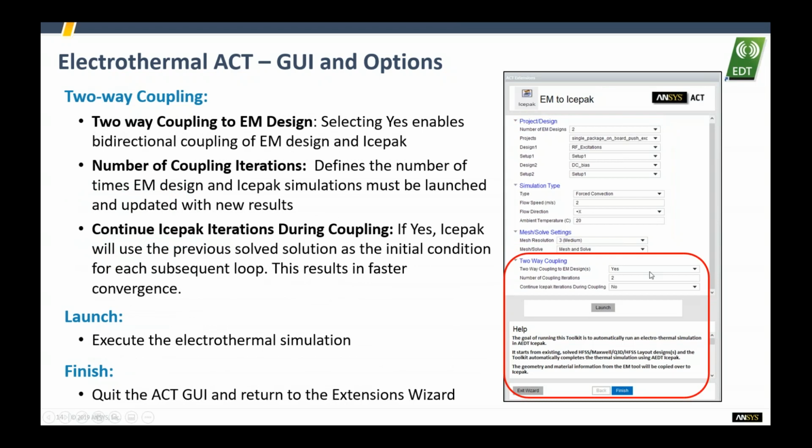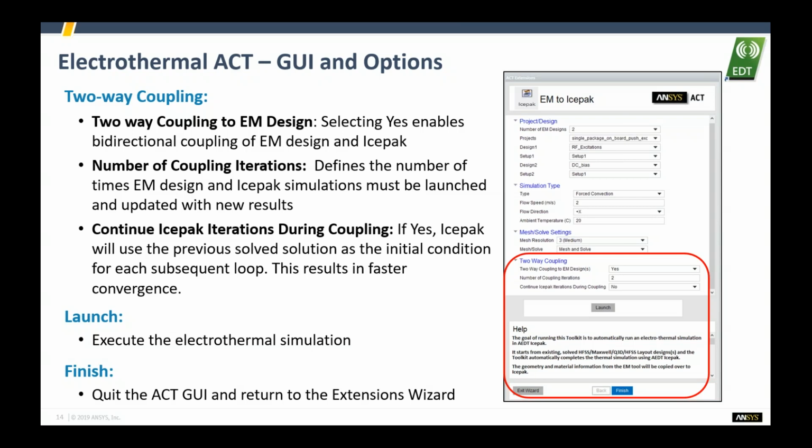We'll also have a 2-way coupling option down there at the bottom of the ACT. The couple option would be 2-way coupling to EM design. Selecting yes enables bidirectional coupling of EM design and iSpec. Number of coupling iterations will define the number of times EM design and iSpec simulation must be launched and updated with new results.